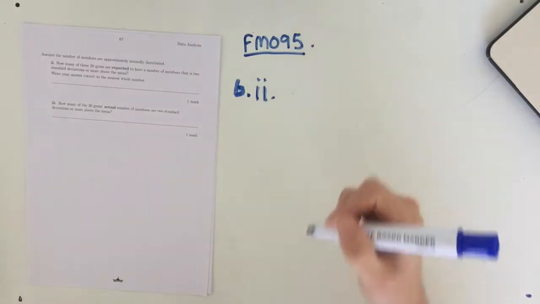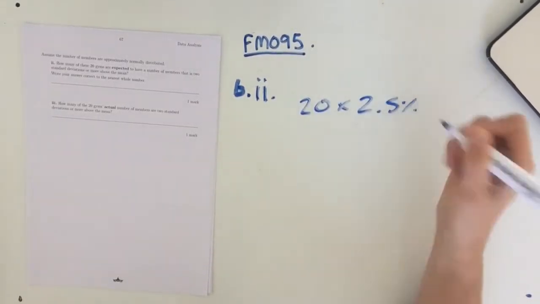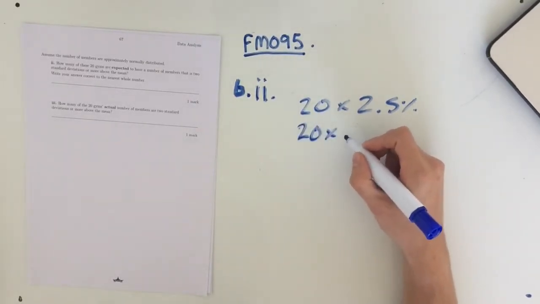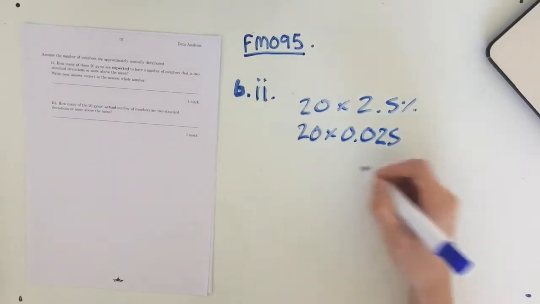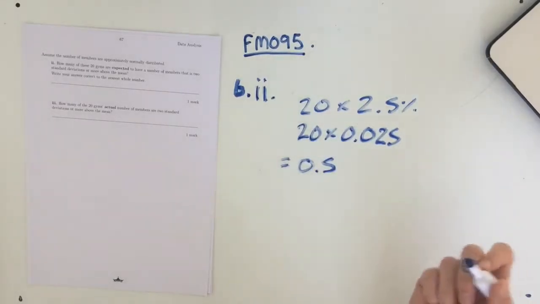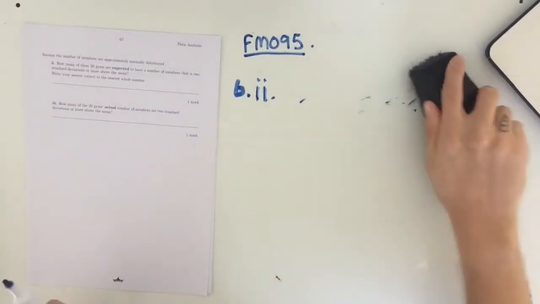The calculation is 20 times 0.025, which equals 0.5, and when we round it to the nearest whole number it is 1. So one gym is expected to have a number of members that is 2 standard deviations or more above the mean, according to our normal distribution rules.